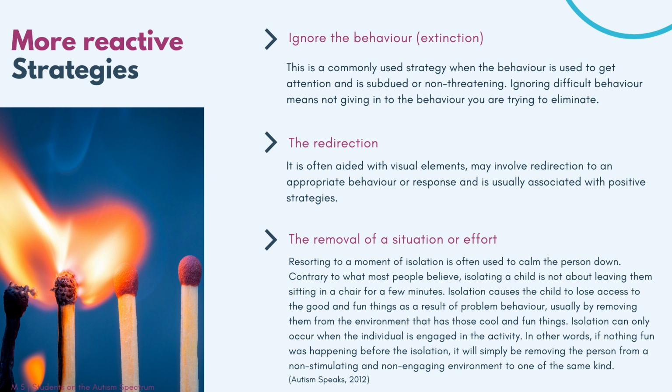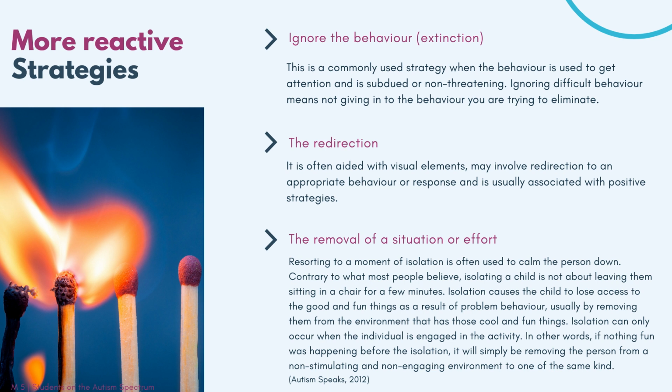Ignoring the behavior, extinction, is a commonly used strategy when the behavior is used for attention and is mild or non-threatening. Ignoring difficult behavior means not giving in to the behavior you are trying to eliminate. Redirection, which is often aided with visual elements, may involve redirection to an appropriate behavior or response and is usually associated with positive strategies.